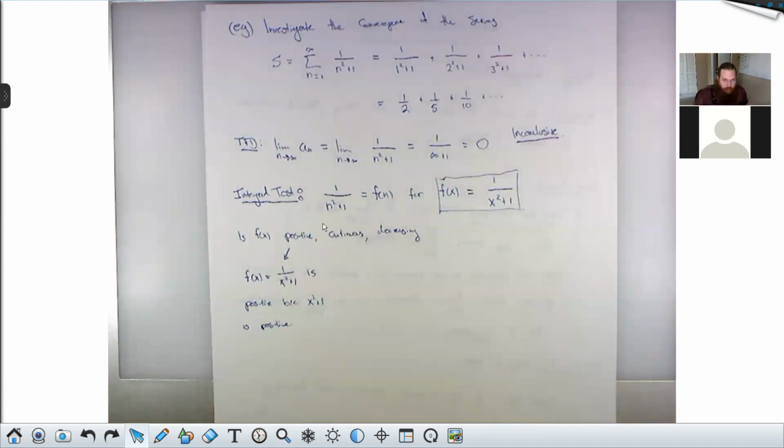So x squared plus 1 is always strictly greater than 0. And a number whose reciprocal is strictly greater than 0 is always strictly greater than 0.